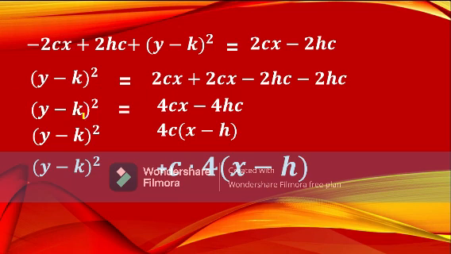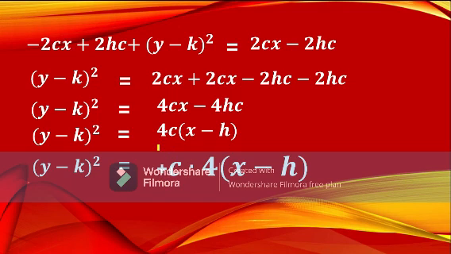Then y minus k quantity squared is equal to 4cx. Then negative 2hc minus 2hc, we have negative 4hc. Then y minus k quantity squared is equal to 4c times x minus h.